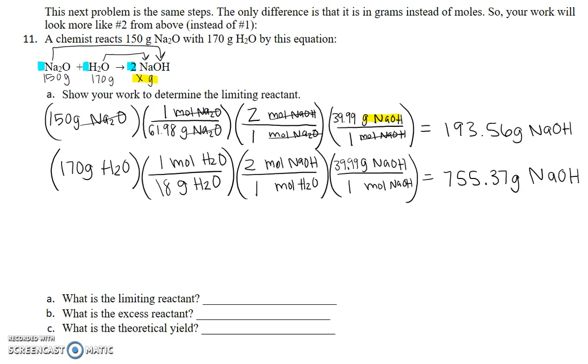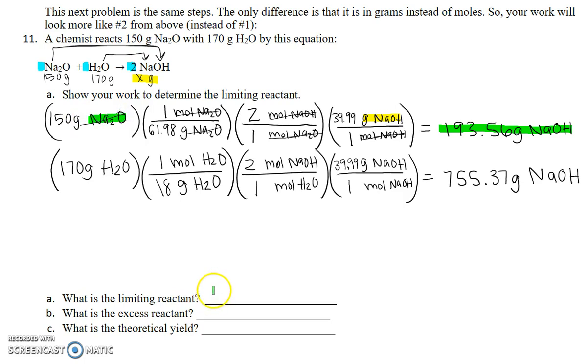The limiting reactant is the reactant that produces the least amount of product. If I compare both of the answers, 193.56 grams is smaller than 755.37 grams. That means the reactant that produced that is considered my limiting reactant.